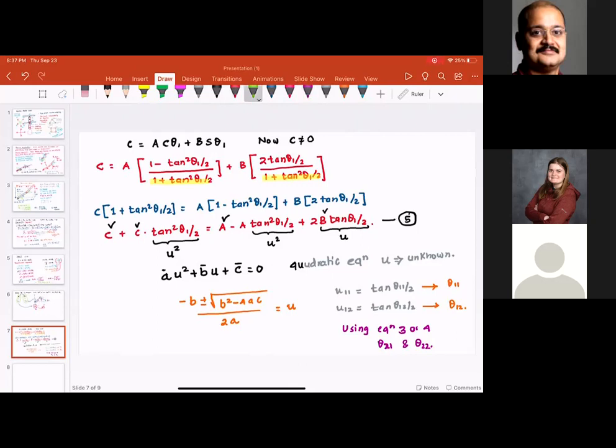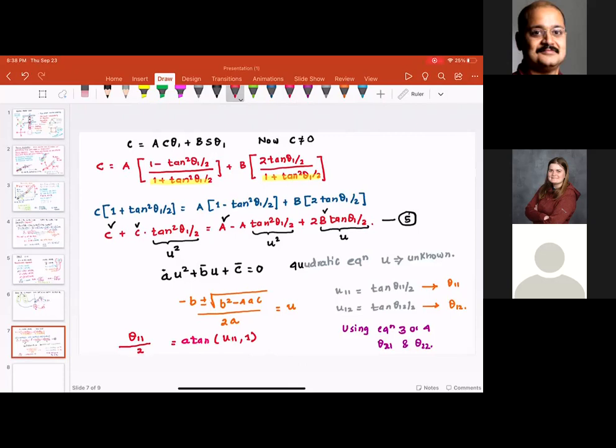Let me write this down here real quick. Just to be super clear, the arctan of u1,1 will give me theta 1,1 divided by 2.